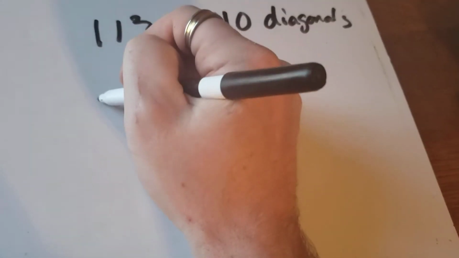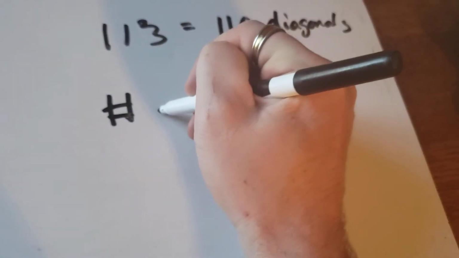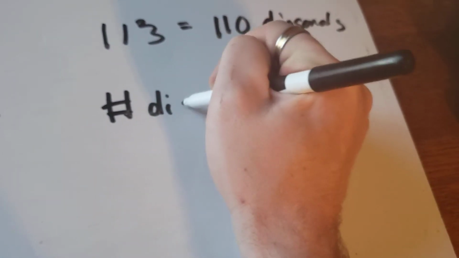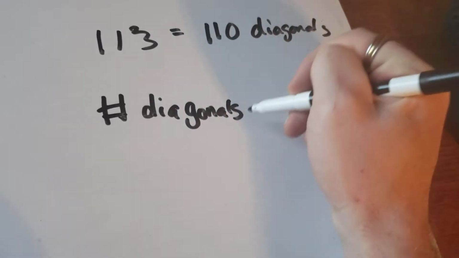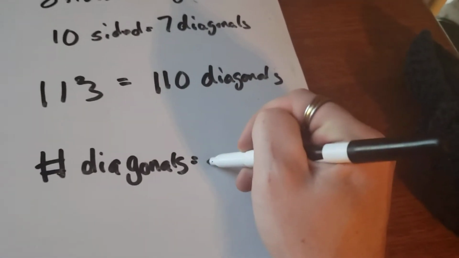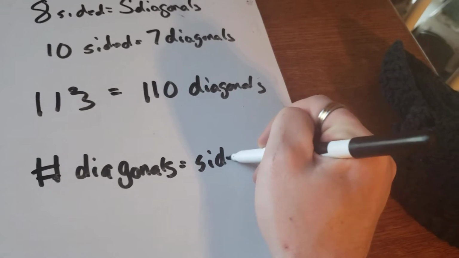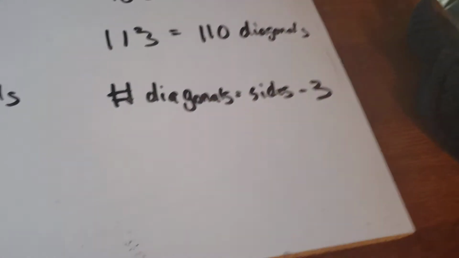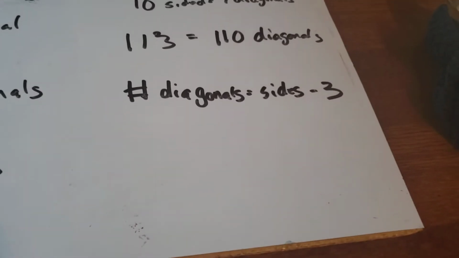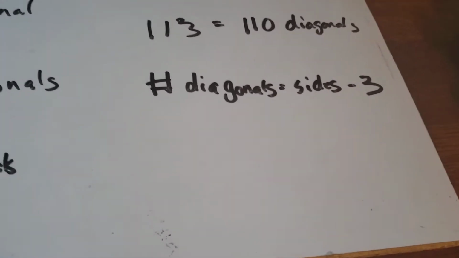So we can come up with a rule. The number of diagonals for any sided shape is the number of sides minus 3. So the number of diagonals, take the number of sides, minus 3.